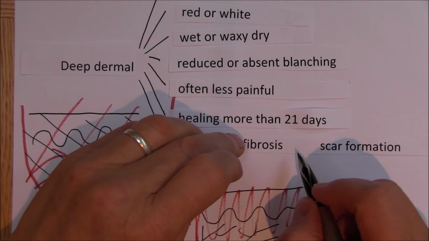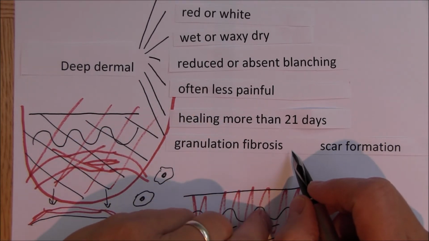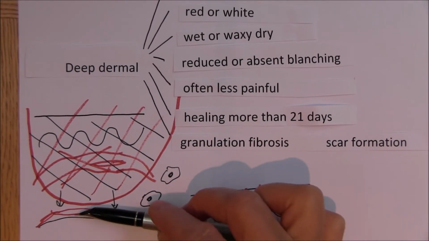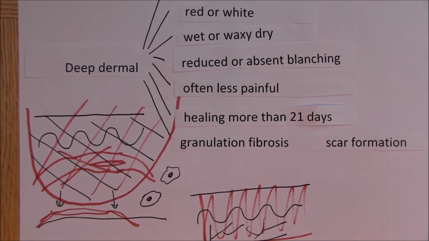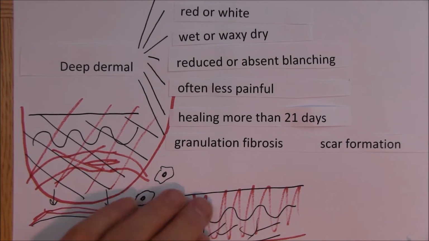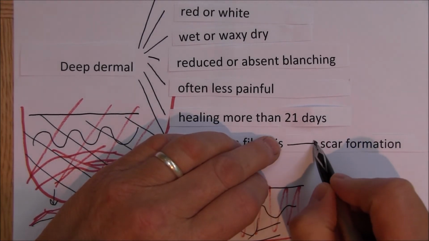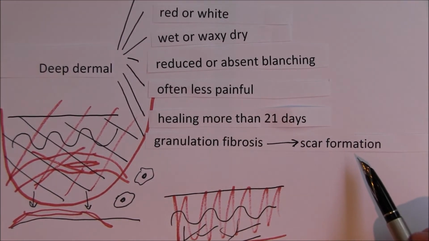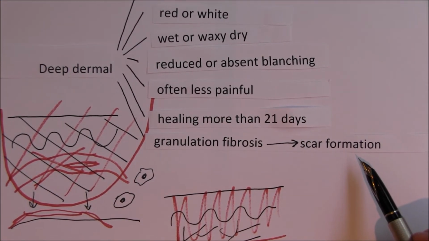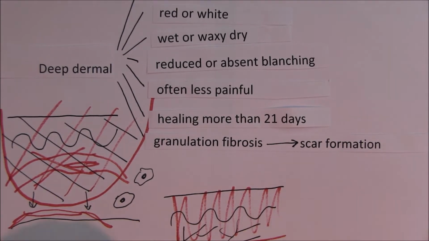But the healing by fibrosis, remember, if we can't heal by regeneration, if the tissues are so badly damaged that there's not much left there to regenerate by mitotic regeneration, then we're left to healing by fibrosis, collagen scar tissue, and the fibrosis leads to scar tissue. And this leads to poorer cosmetic and functional results. So these burns are more likely to heal with scar tissue formation.